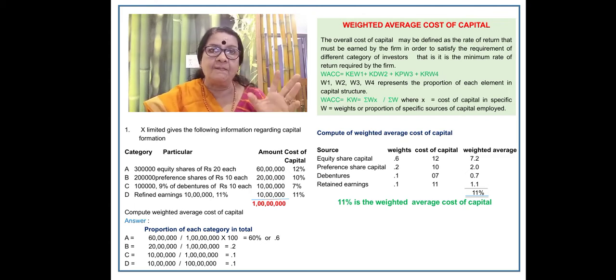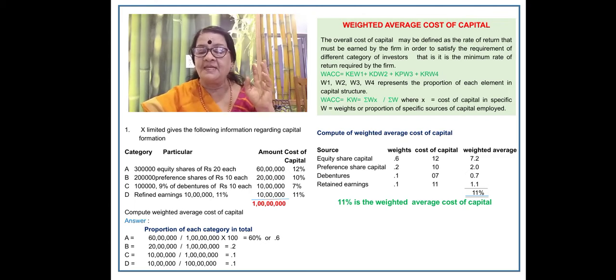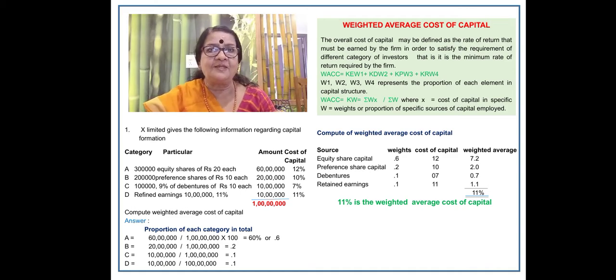KW equal to sigma WX divided by sigma W, where X equal to cost of capital in specific, W equal to weights or proportion of specific cost of capital. X is the cost of capital in each case, W is the weight or proportion assigned to specific sources of capital employed. So this is what is meant by weighted average cost of capital.